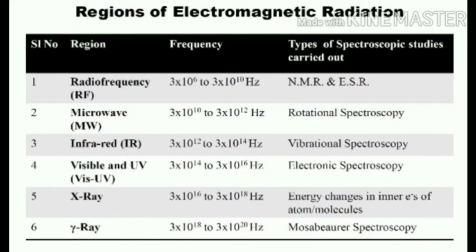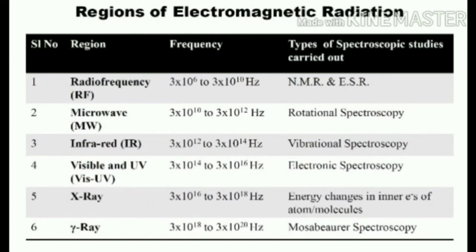Based on the frequency of the radiation, the electromagnetic radiation is divided into 6 regions, namely the radio frequency region or RF region, the microwave region or MW region, the infrared region or IR region, the visible and ultraviolet region, called the UV-VIS region, then the X-ray and gamma ray regions.